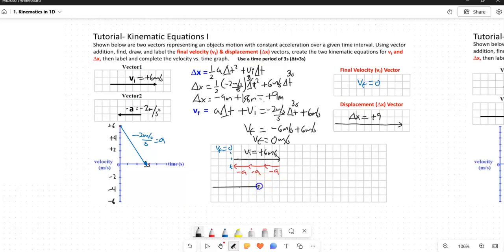We're going to have to draw another group. 1, 2, 3, 4, 5, 6. And then 1, 2, 3, 4, 5, 6. So it's doing this positive 6 meters per second, positive 6 meters per second, and positive 6 meters per second.